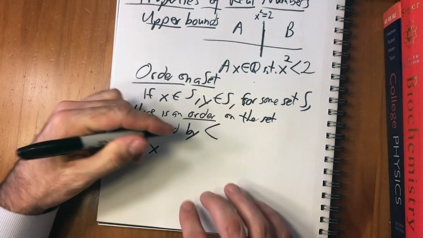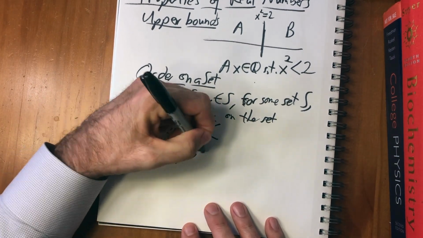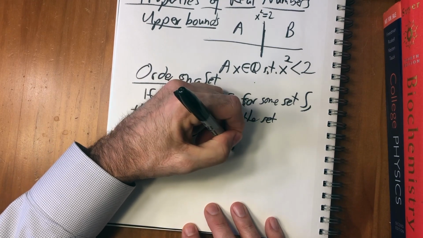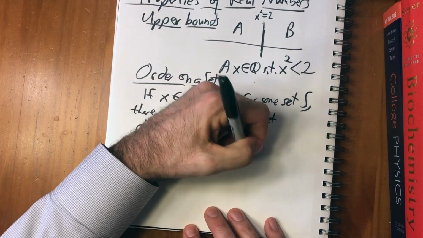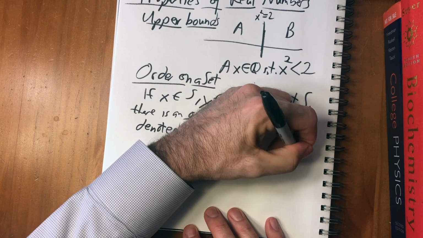If you have x and y, either x is less than y, x equals y, or y is less than x, okay?